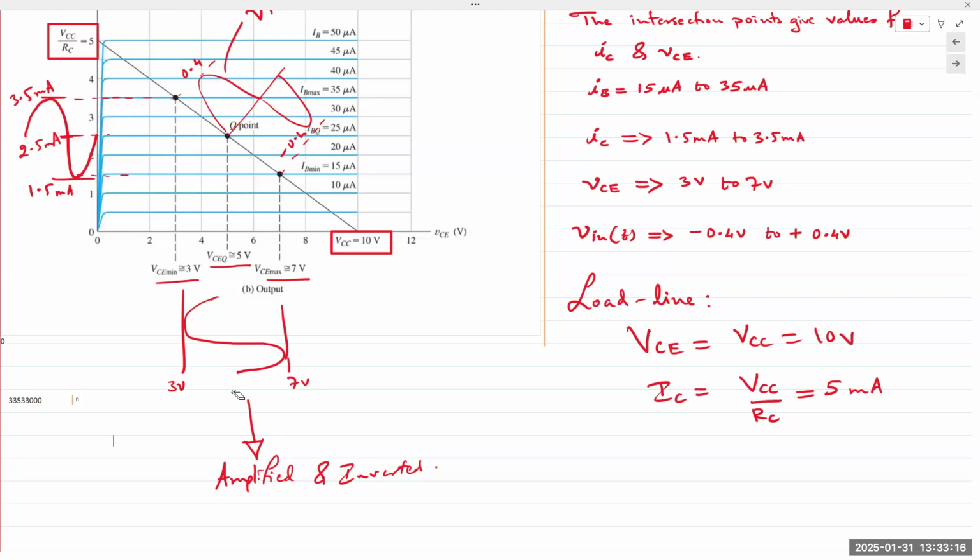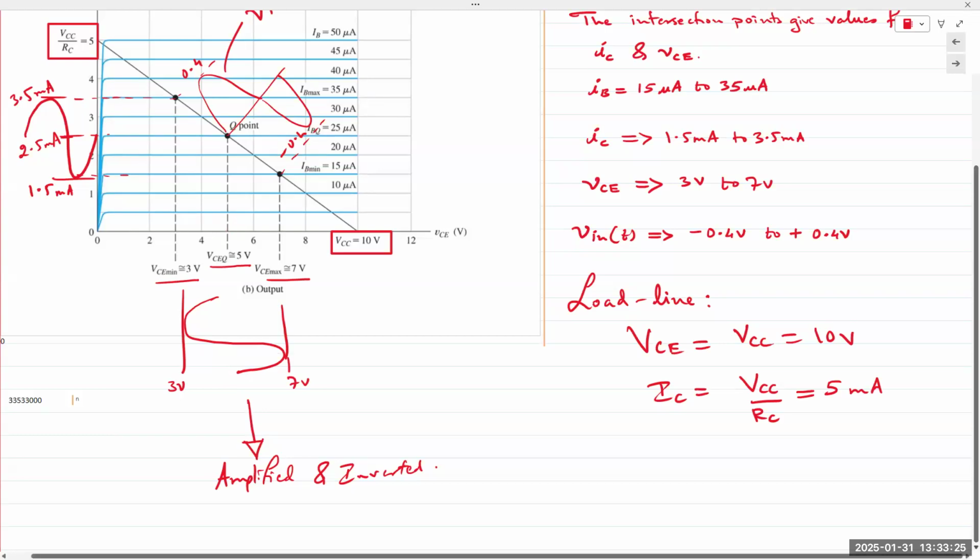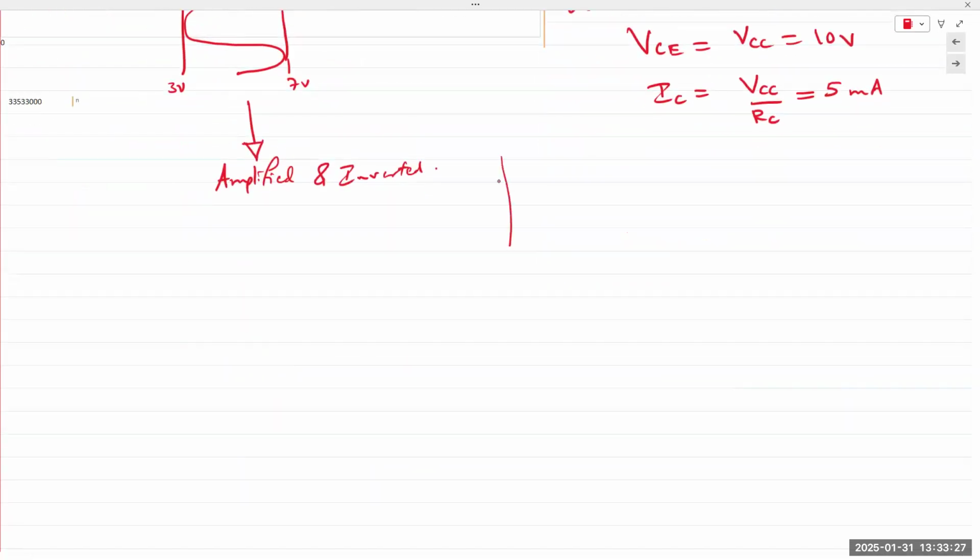Also, the AC output is at 5 volts. So if I was to plot this, this was time and this was voltage V, the actual waveform wouldn't be at ground.